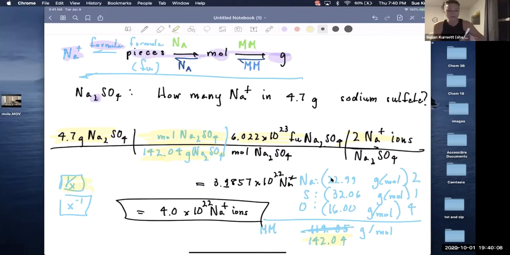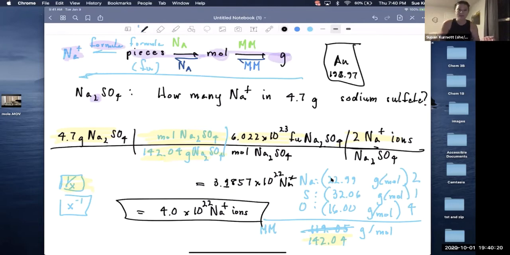Earlier, when we were doing the gold problem, I wrote down the molar mass for gold correctly, 196.97. But then I spoke it, and I wrote it down here incorrectly, but it was on my calculator, and so I still got the right answer. I don't know if that's enough advertisement to support my idea, and I don't know if I've won anybody over, but just keep it in the back of your mind.